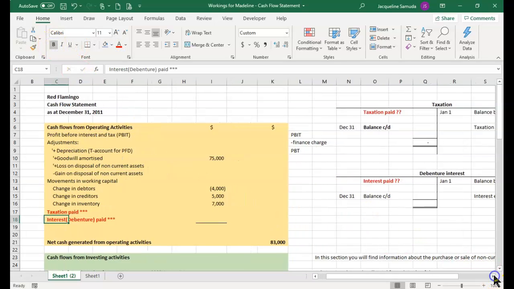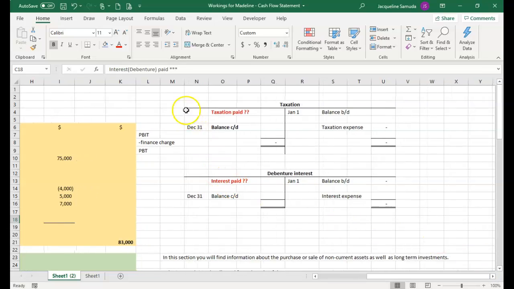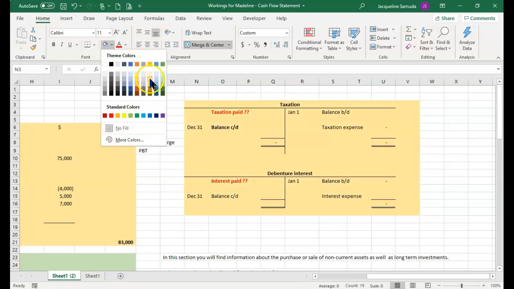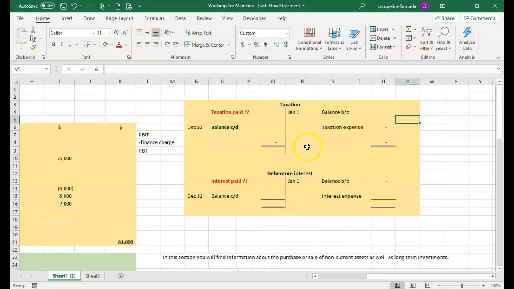So let's move over to the T accounts, and I'm going to put them in the same color as next door. Here we are. Now, where do we get the opening balance for the taxation and the interest? These are found in the current liability section. So we have to go back to the previous year statement of financial position to pick up these figures.